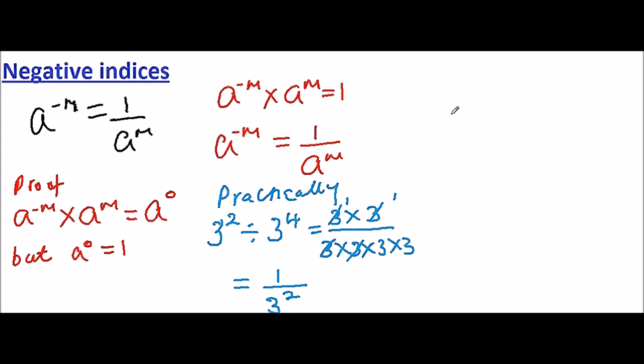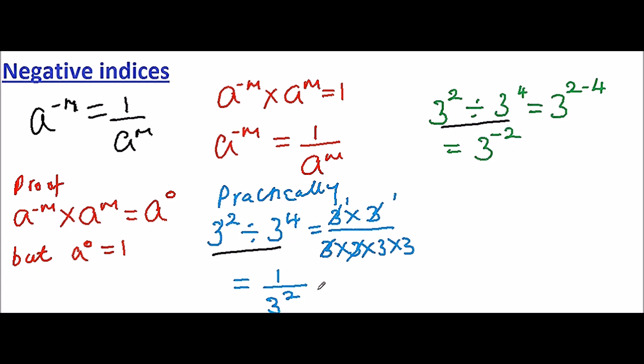If we apply the rules of indices, the same expression, 3 squared divided by 3 to power 4, is equal to 3 to power 2 minus 4, which gives us 3 to power minus 2. But we are working on the same expression, so the final conclusion should be the same.